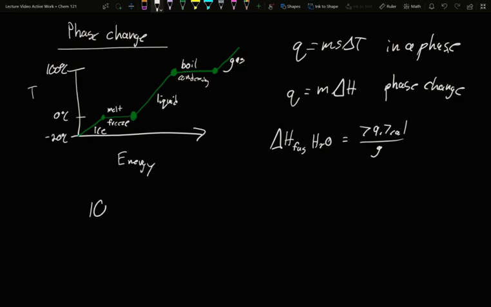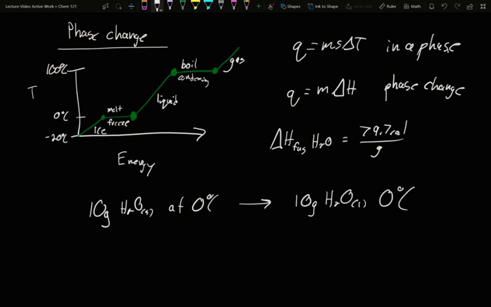And so if we had 10 grams of solid water at 0 degrees Celsius, and we wanted to turn it into 10 grams of liquid water at 0 degrees Celsius, just to melt it, the equation would be Q equals m delta H.